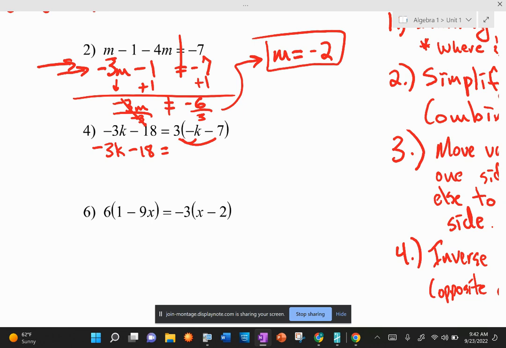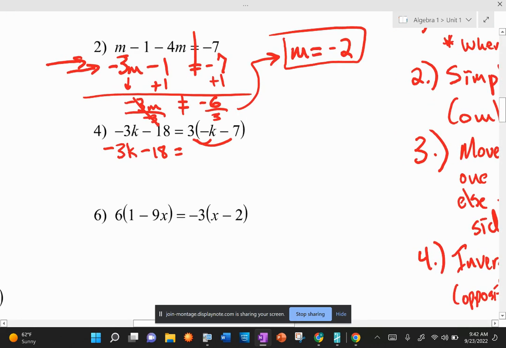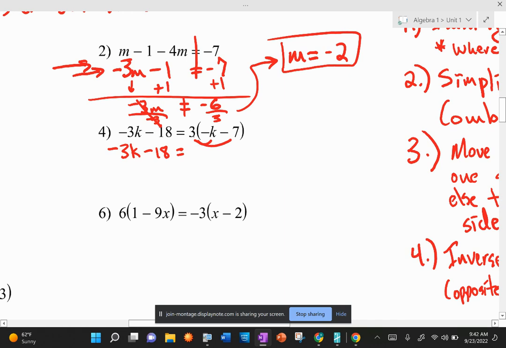All right. Let's see how we did. 3 times negative k should give you negative 3k. Okay. 3 times negative 7 should give you negative 21. Okay. Ryan, this is where my trouble is as a teacher.